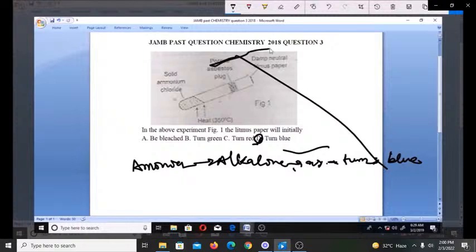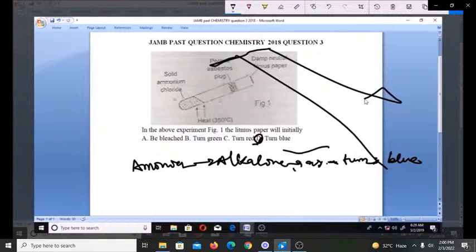So in this, basically we need to know what is going to form. When we look at this sketch very well, we are going to find out that when solid ammonium chloride is heated at this temperature of 350, ammonia gas that has a characteristic choking smell, which is easily recognizable, is released.